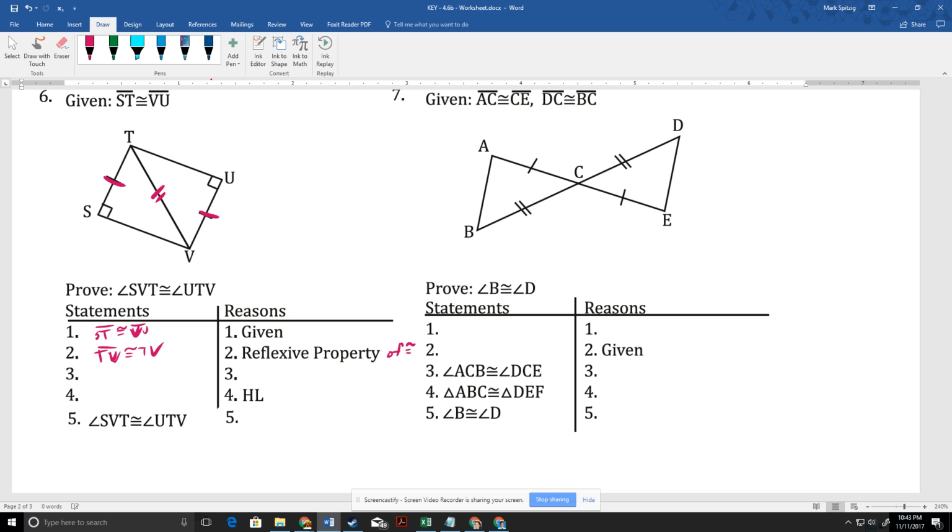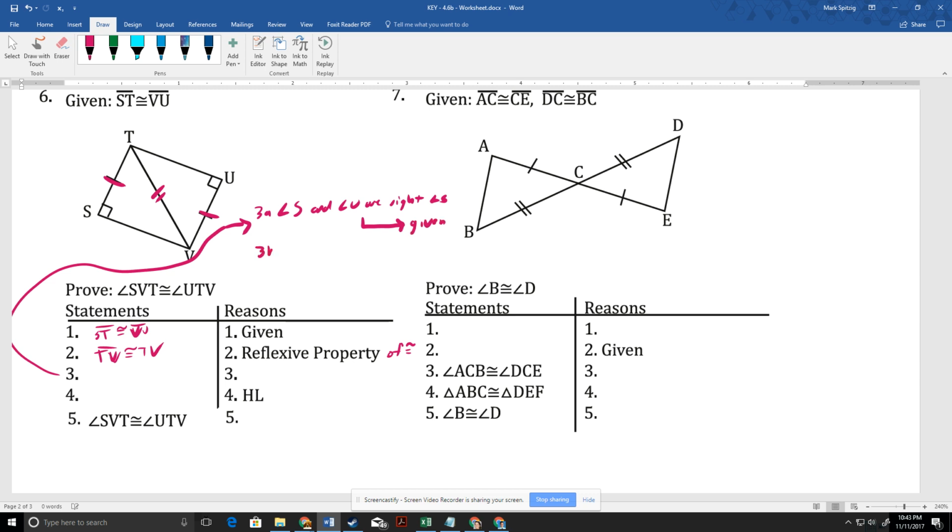And then we have a step here that I'm going to actually put two steps in here. So I'm going to move it over here as well. I'll just call it 3A. So one of these steps would say that angle S and angle U are right angles. And again, that is because it's given in the diagram.